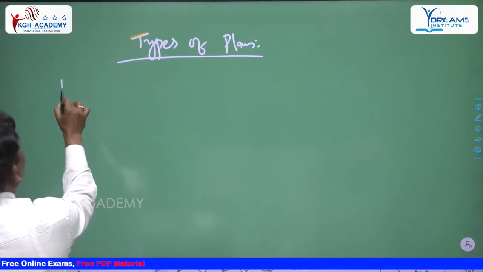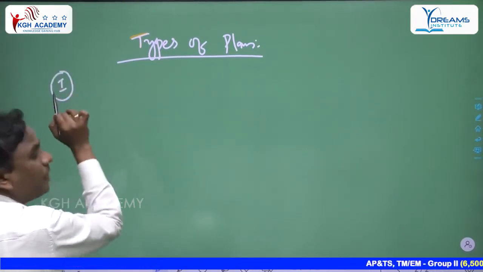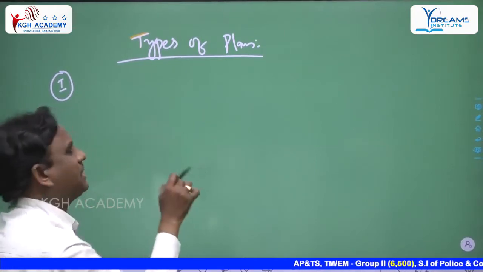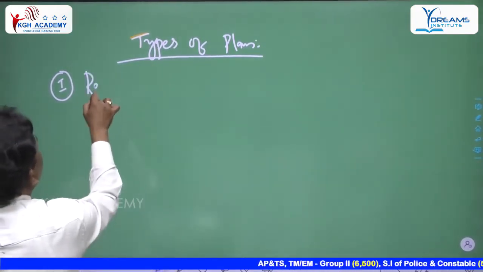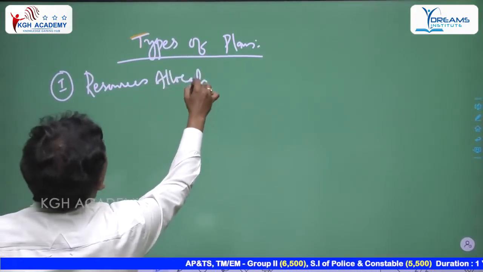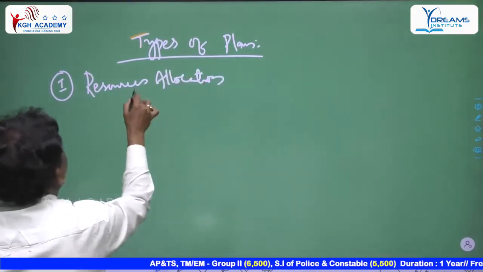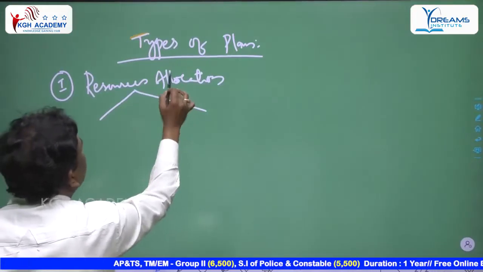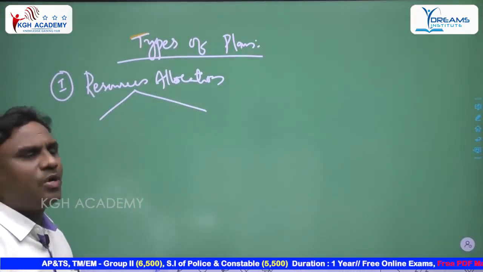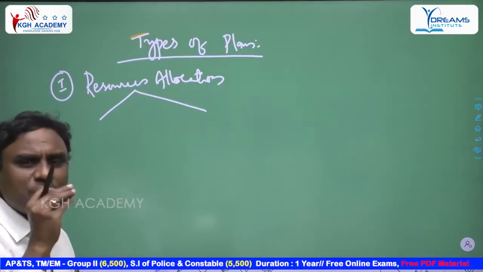First, we are discussing the basis of allocation of the resources, or simply resources allocation. Plan is categorized into two types on the basis of allocation of the resources.